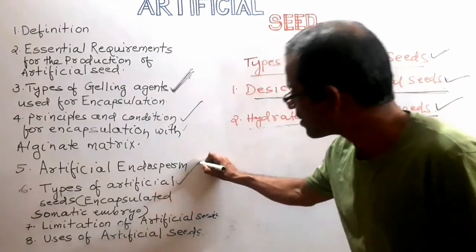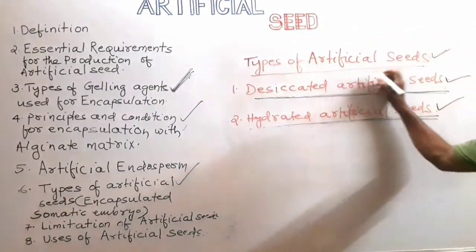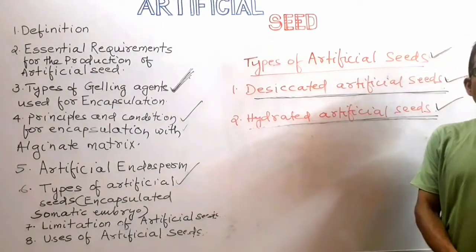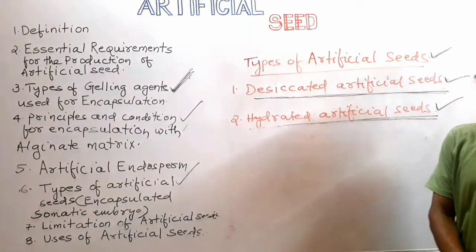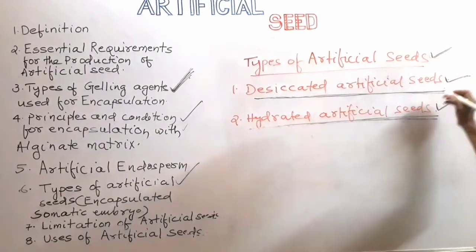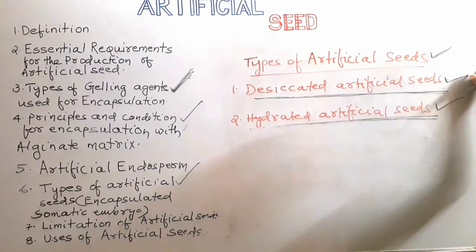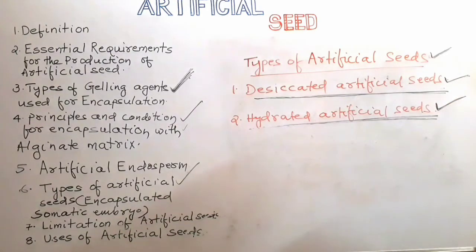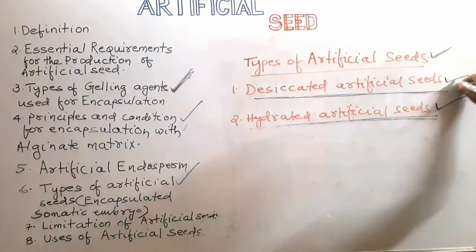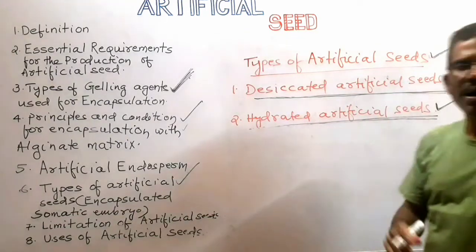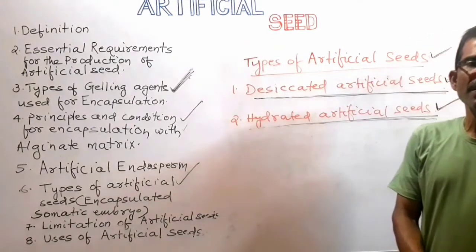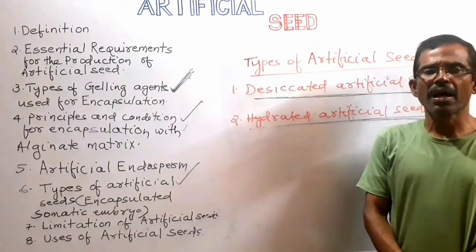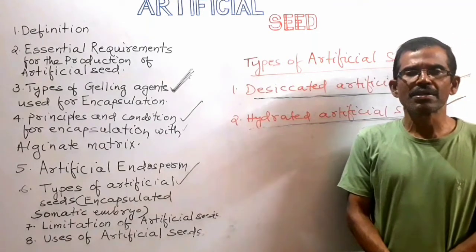Types of artificial seeds. Two types of artificial seeds are produced from encapsulated somatic embryos. First category is desiccated artificial seed. Second is hydrated artificial seed. Desiccated artificial seeds are produced from somatic embryos either naked or encapsulated in polyoxyethylene glycol followed by their desiccation.